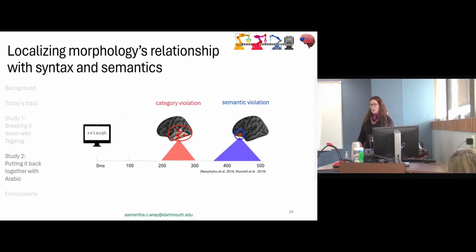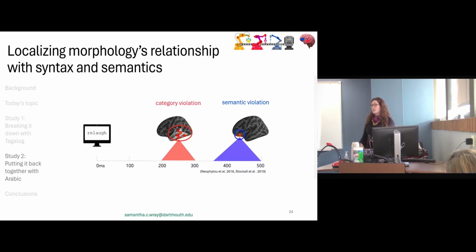In a word with incompatible semantics between the stem and affix, we see in a slightly more anterior region an activity pattern that's a little bit later, between 350 to 500 milliseconds.